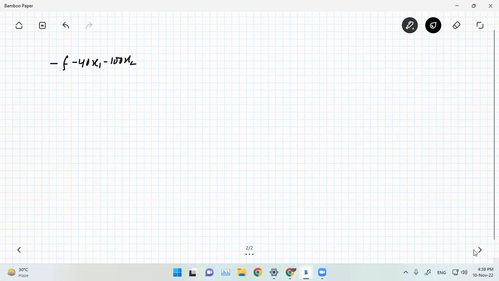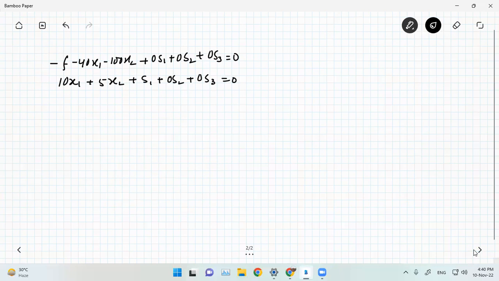Since we have three equations, m equal to 3, we'll have three slack variables: 0 into s1 plus 0 into s2 plus 0 into s3 equal to 0. Then we have 10x1 plus 5x2 plus s1 plus 0 s2 plus 0 s3 equal to, sorry, 2500.